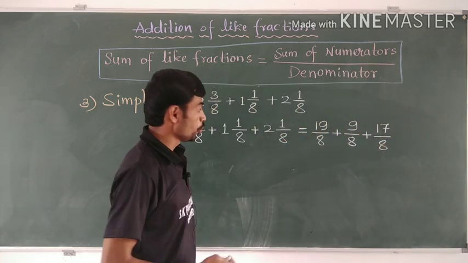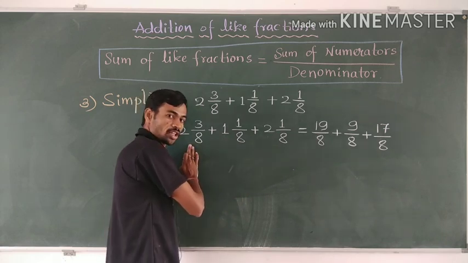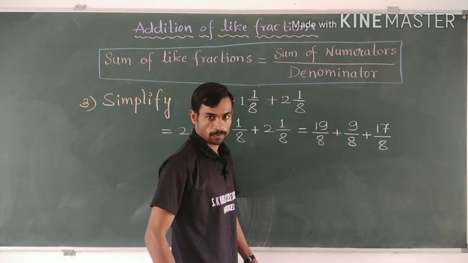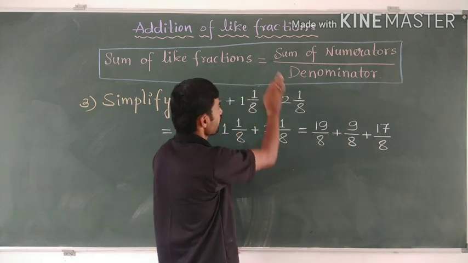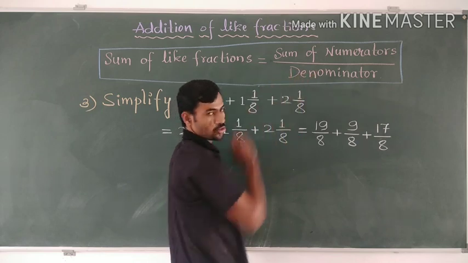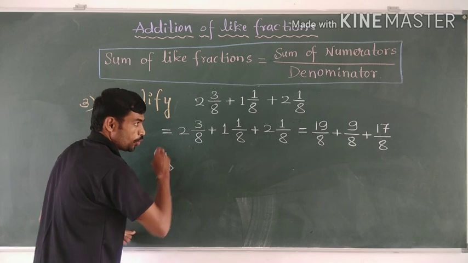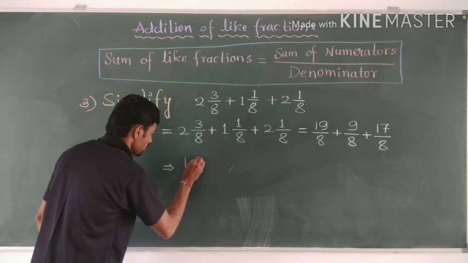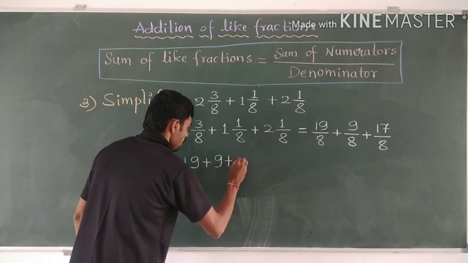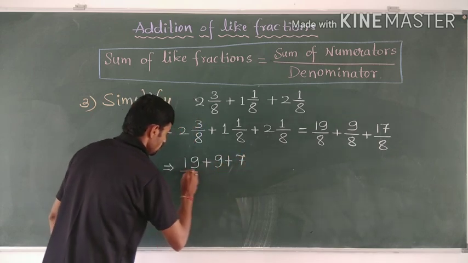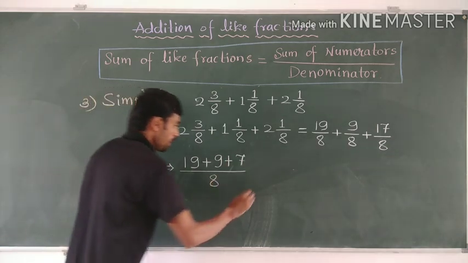Now we have converted the mixed fractions into improper fractions. The denominators are the same, so it is like fractions addition. Now we can use this formula. We have to add all numerators: 19 plus 9 plus 17, divided by 8.